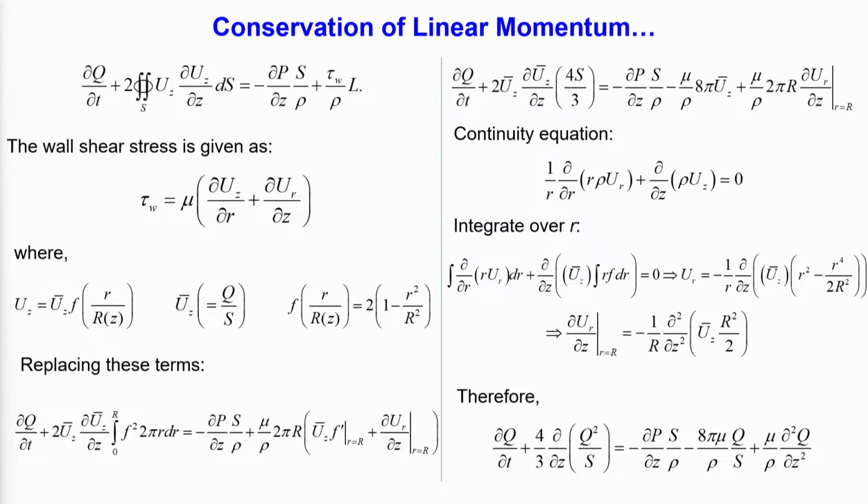So, if you now substitute that velocity profile, if you know nothing, you can use your approximate parabolic velocity profile, which we have learned from Hagen-Poiseuille flow. In that case f is 2 into 1 minus small r square by capital R square, which all of you who have done basic fluid mechanics will know.